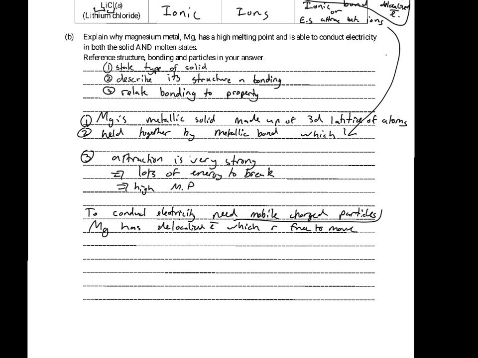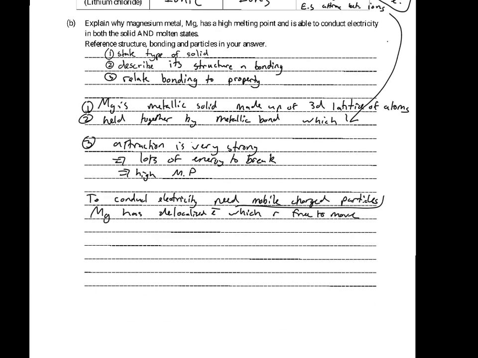Those delocalized electrons are irrelevant of state, so they're free to move in both solid and liquid. Molten is just a fancy term for liquid metal. So therefore it can conduct in both states.